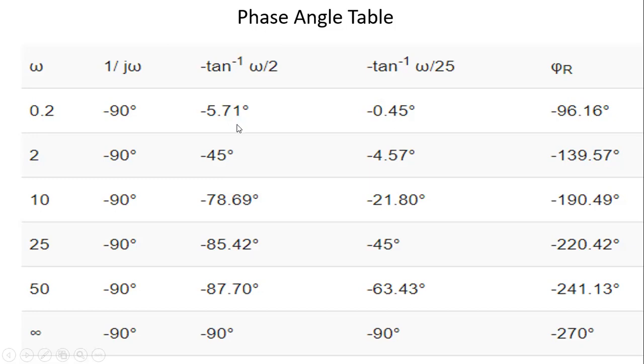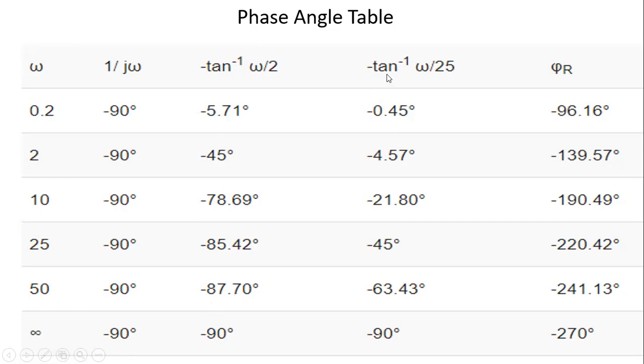We can calculate very easily. Similarly, for omega equal to 2, tan inverse of 2 by 2, tan inverse of 1 is equal to 45 degrees. Okay. So similarly, tan inverse of 10 by 2, tan inverse of 25 by 2, tan inverse of 50 by 2, and tan inverse of infinity is 90 degrees.